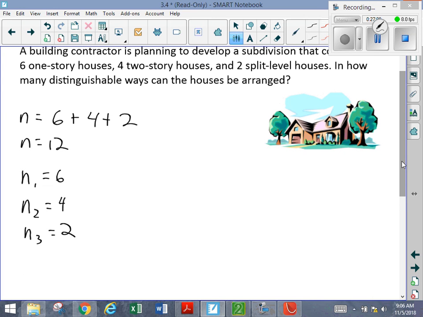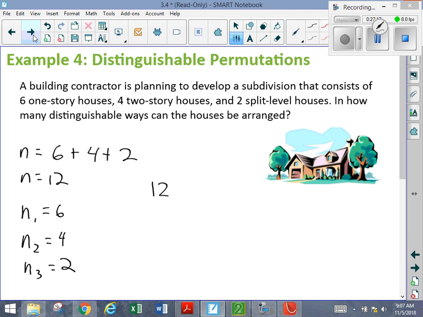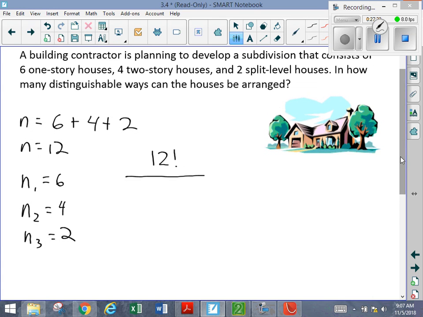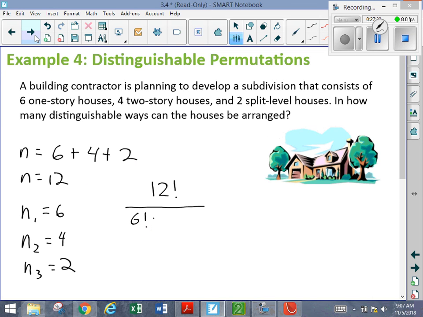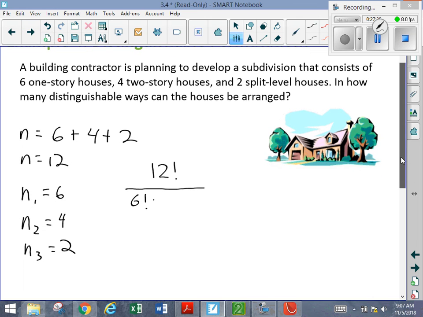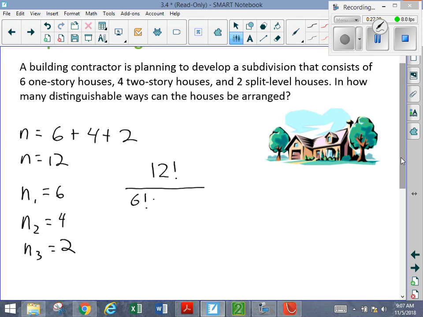So that's going to be 12 factorial over 6 factorial times 4 factorial times 2 factorial.